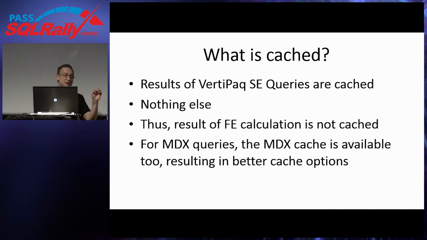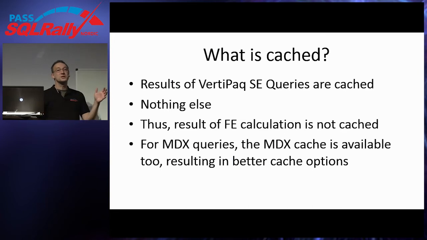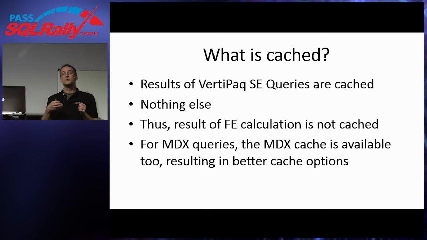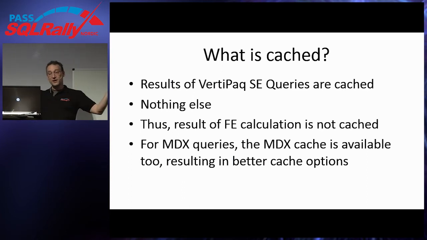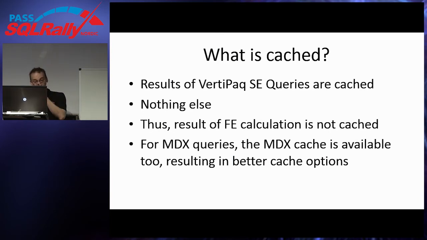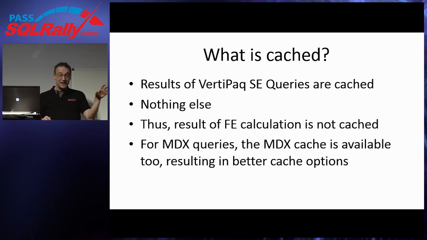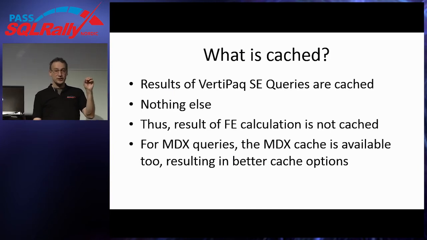DAX does not cache the final result of your query, but only the partial results of Vertipaq queries executed by the engine. So if you use a storage engine, that is, you have complex Vertipaq queries running very quickly in a multi-core environment, you are also using the best cache, because you are using the cache of a storage engine. The result of Formula Engine is not cached.